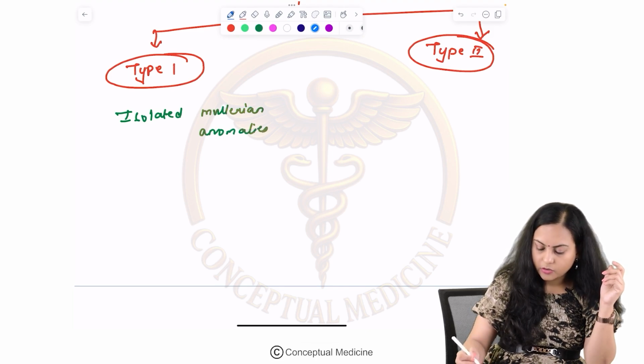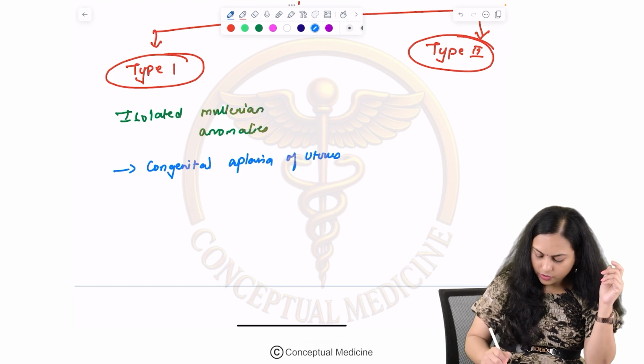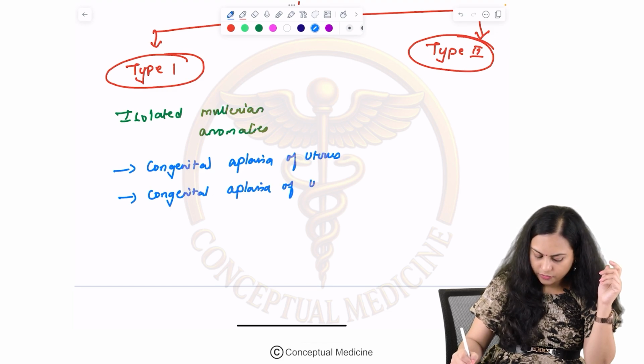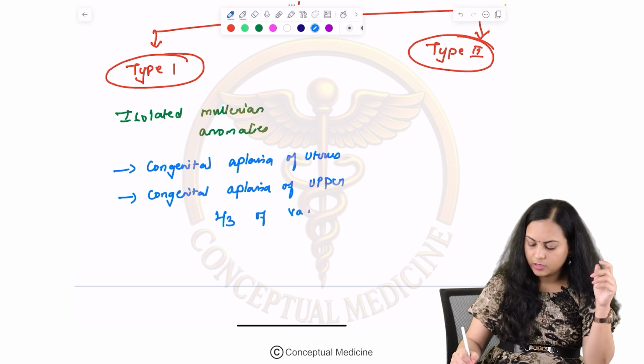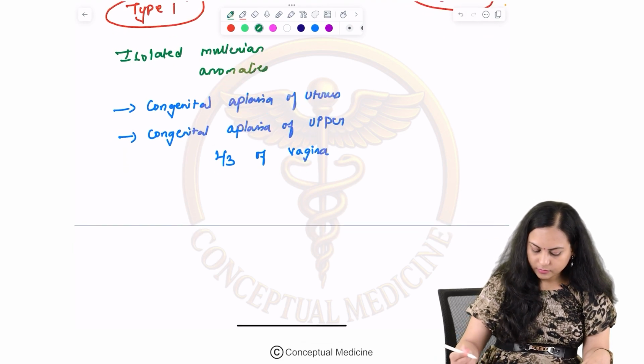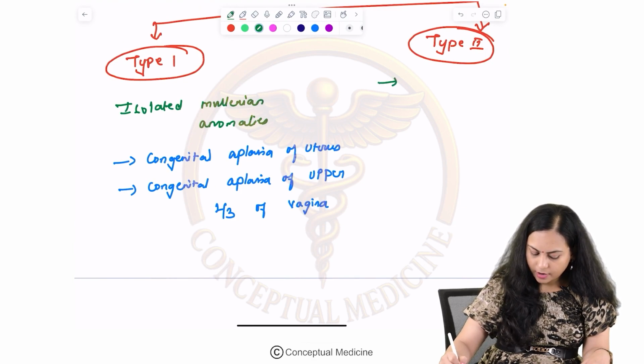Like you will have congenital aplasia of uterus, or there is congenital aplasia of upper 2/3 of vagina. Clear? Then type 2 MRKH syndrome, you have MURCS association.